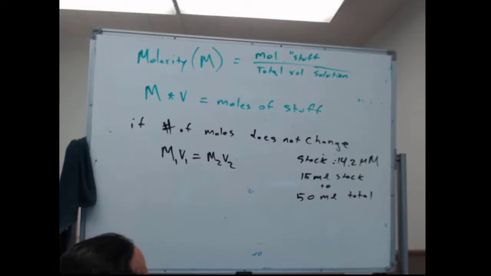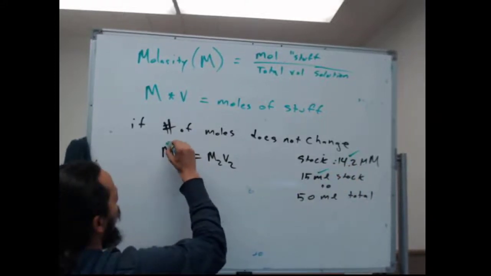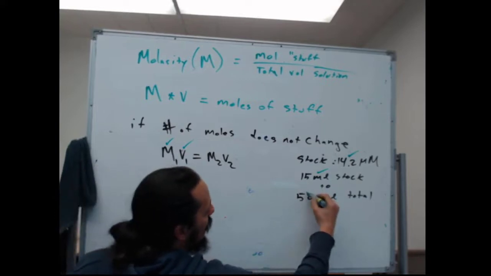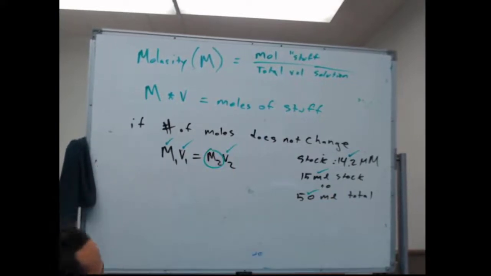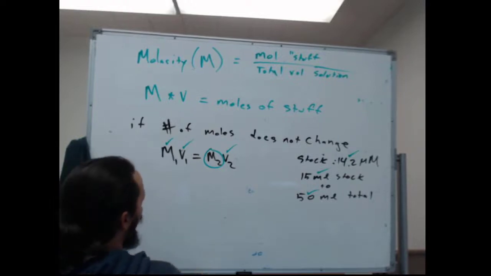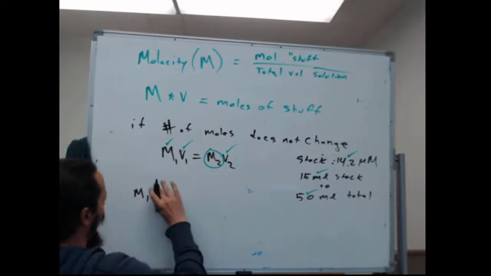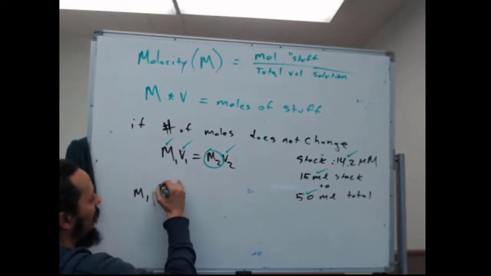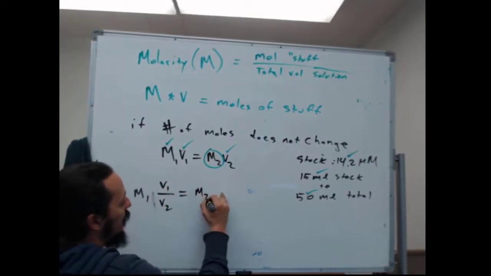And you'll notice I've got my first molarity and my first volume, and I've got my second volume. So the only thing unknown is that second molarity. We can go ahead and set that up. And the way it ends up getting set up is M1 times V1 over V2 is equal to M2.